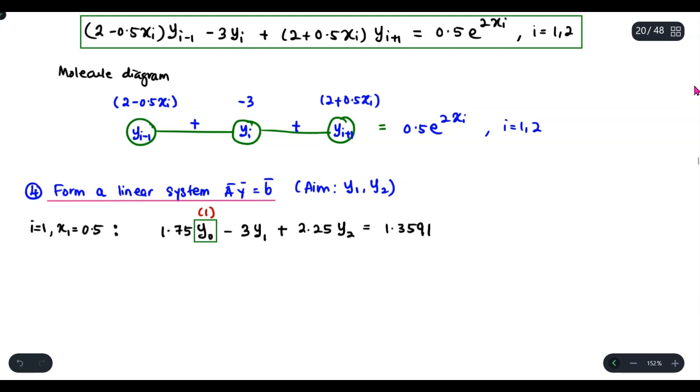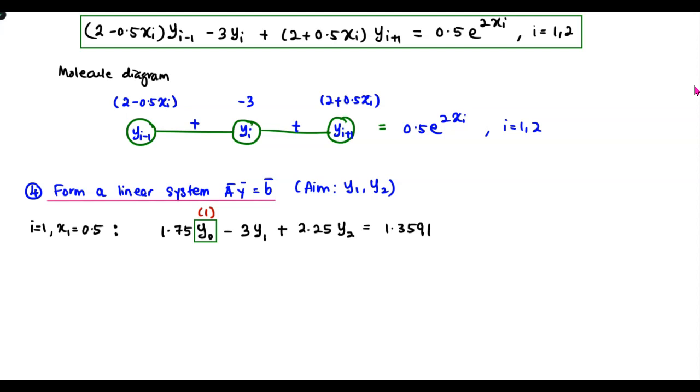Now 1.75 times 1 is a known value, so you put it together with the right hand side because our intention is to form Ay equals b. Terms with the unknowns you must put at the left, and the known values you put at the right hand side.